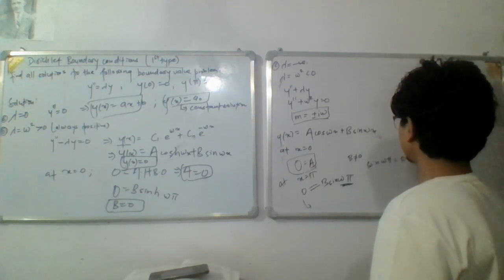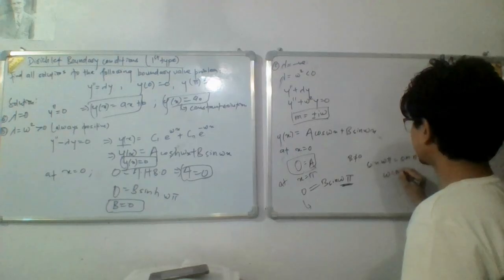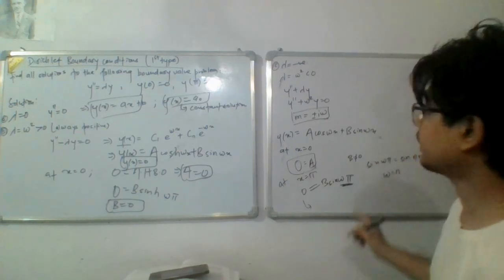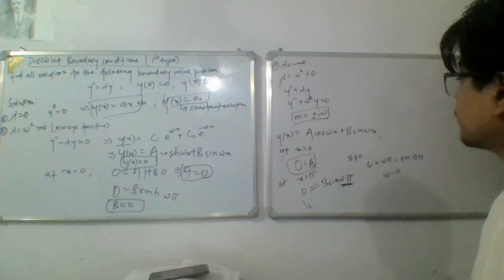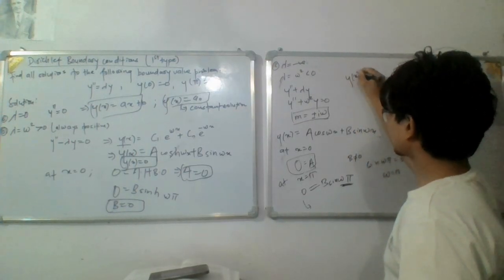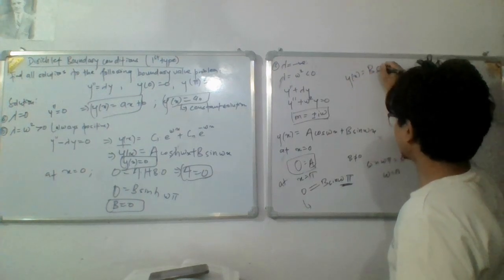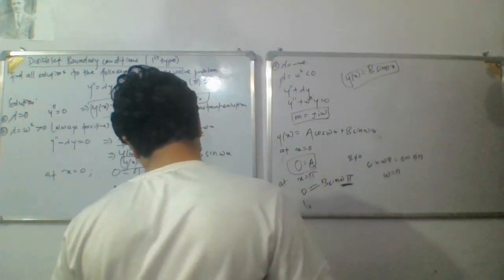That means omega pi must be equal to n pi, and that means omega equals n. And if we write that in the solution, we get y of x equals b sine of nx. This is the solution.